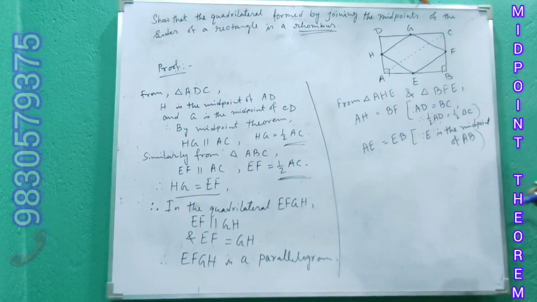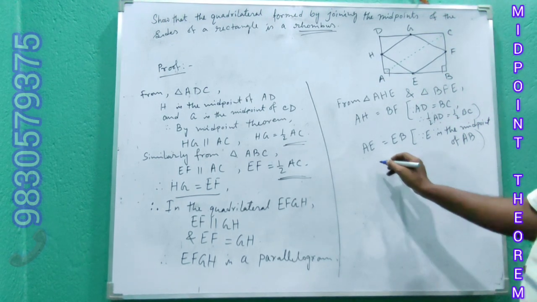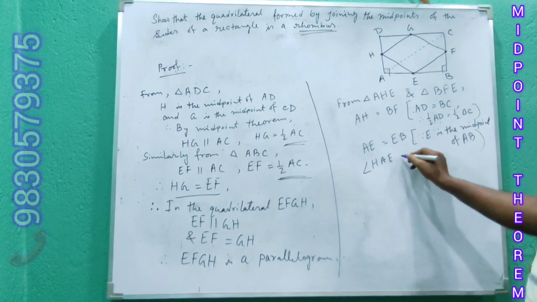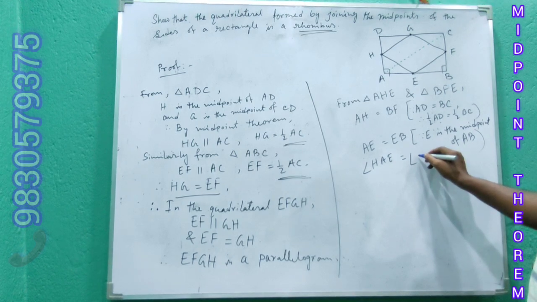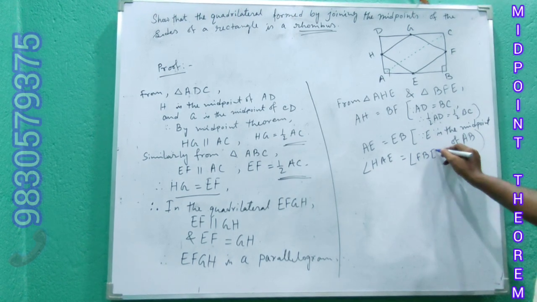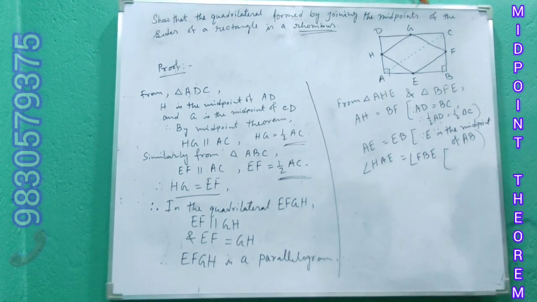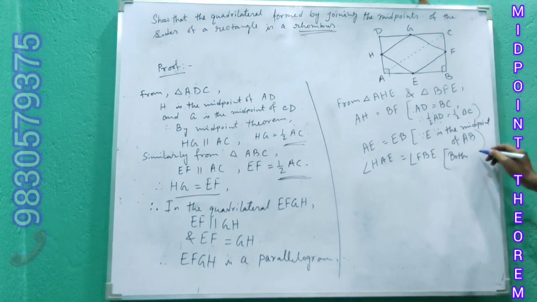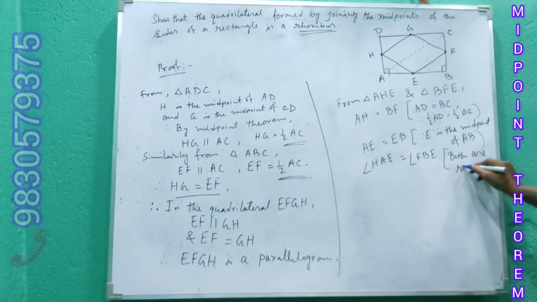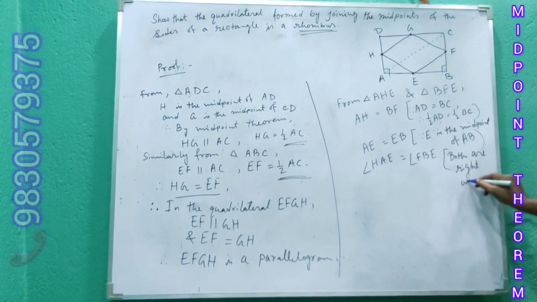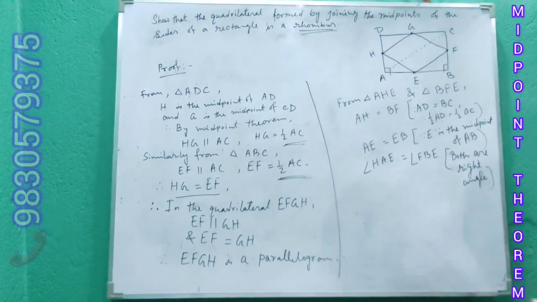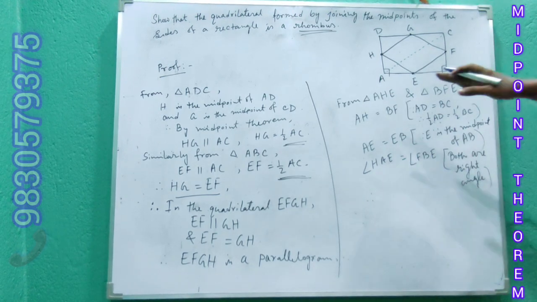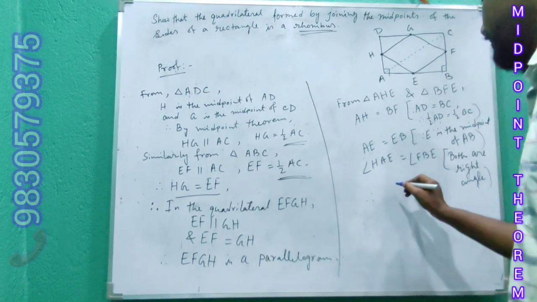ABCD is a rectangle, so angles are 90 degrees. Angle HAE equal to angle FBE. Both are right angles. Therefore, three conditions are satisfied, so these two triangles are congruent.